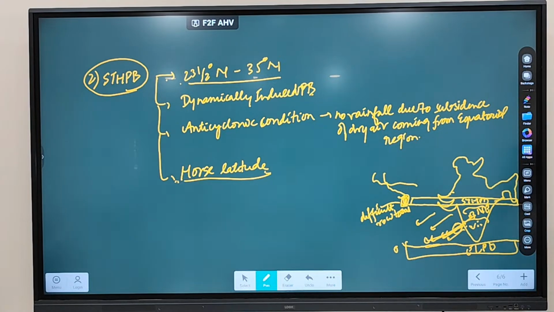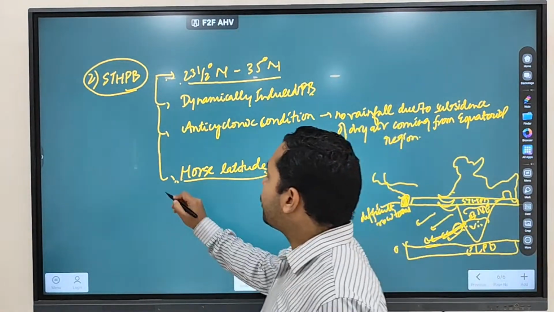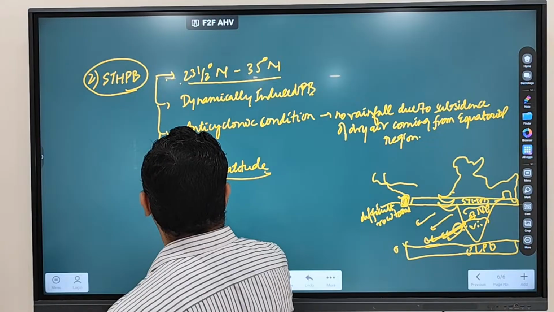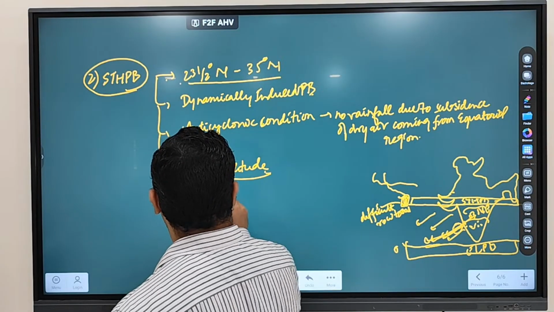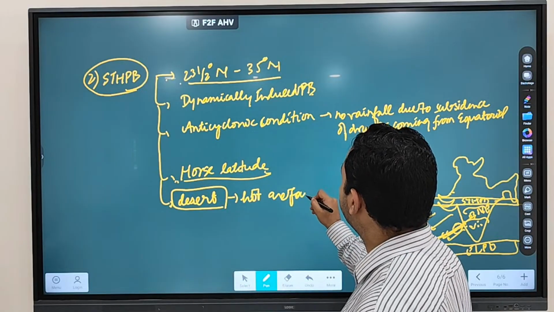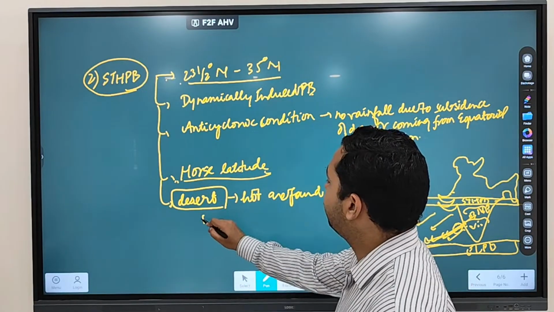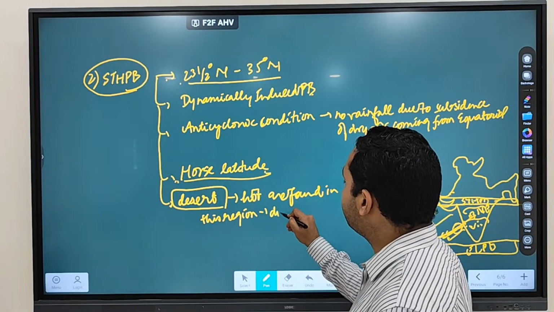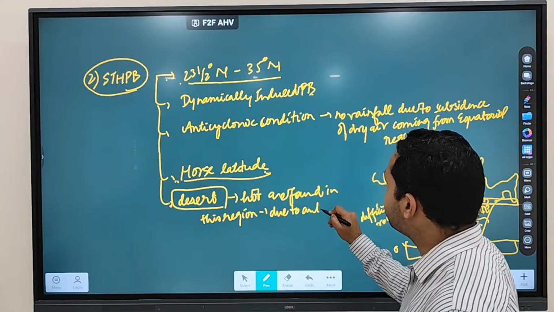Now, this subtropical high pressure belt is where you will find a lot of deserts. Hot deserts are found in this region due to anticyclonic conditions.